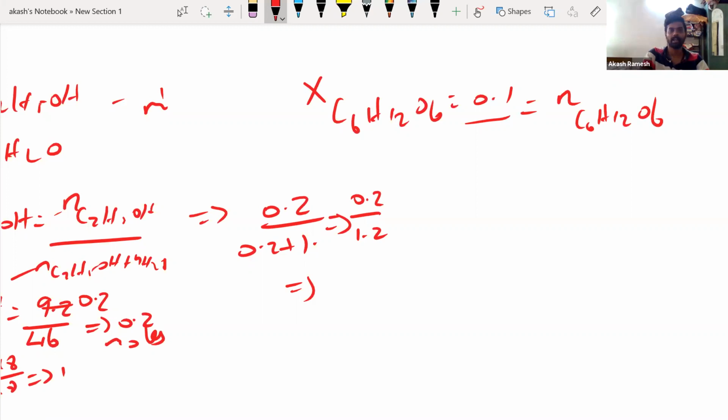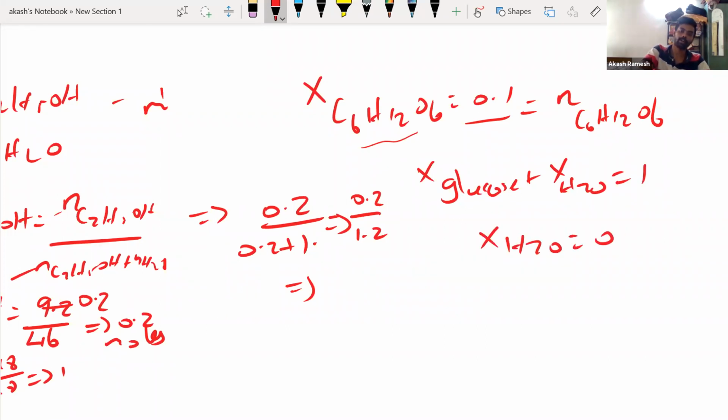And obviously, the mole fraction of glucose plus the mole fraction of water is 1. So the mole fraction of water is 0.9, and the number of moles of H2O is 0.9.